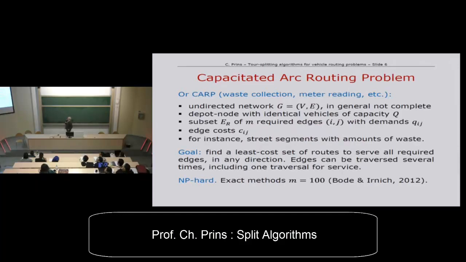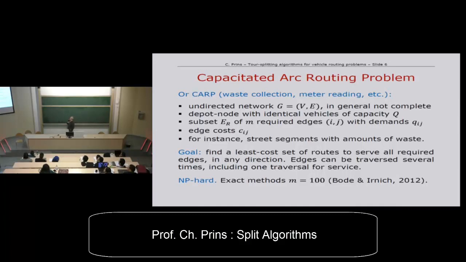The capacitated arc routing problem is similar, but here the goal is to visit a subset of edges, of required edges ij with demands qij. A typical example is waste collection. For instance, one edge ij can be a street segment, and the quantity qij can be an amount of waste to be collected.